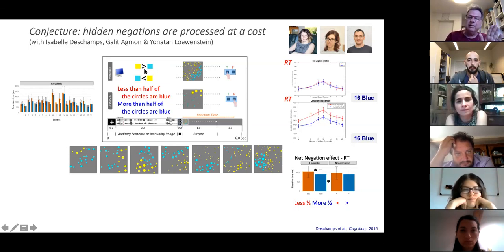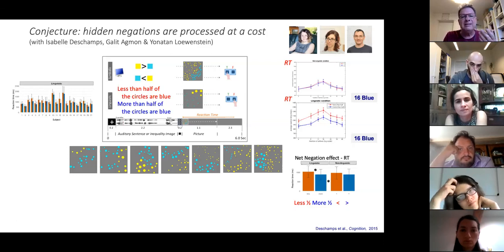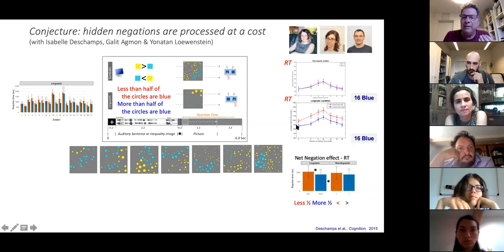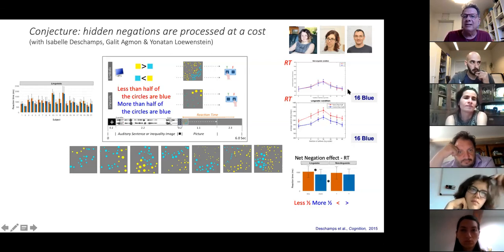So the argument goes in the following way. If I set up the closest linguistic relative of these weird objects, it would be comparative sentences. You get the same effect for comparatives as you get for these proportional quantifiers, exactly the same effect, and you do not get this effect for these weird objects.